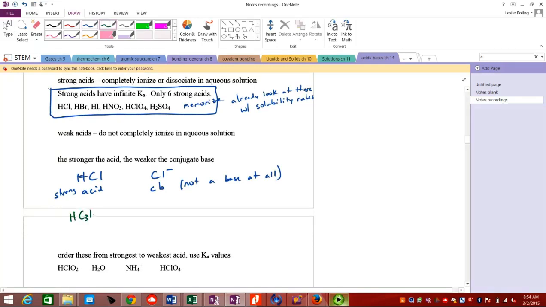But C2H3O2 is a weak acid. So C2H3O2 minus is the conjugate base, and it actually is a base.